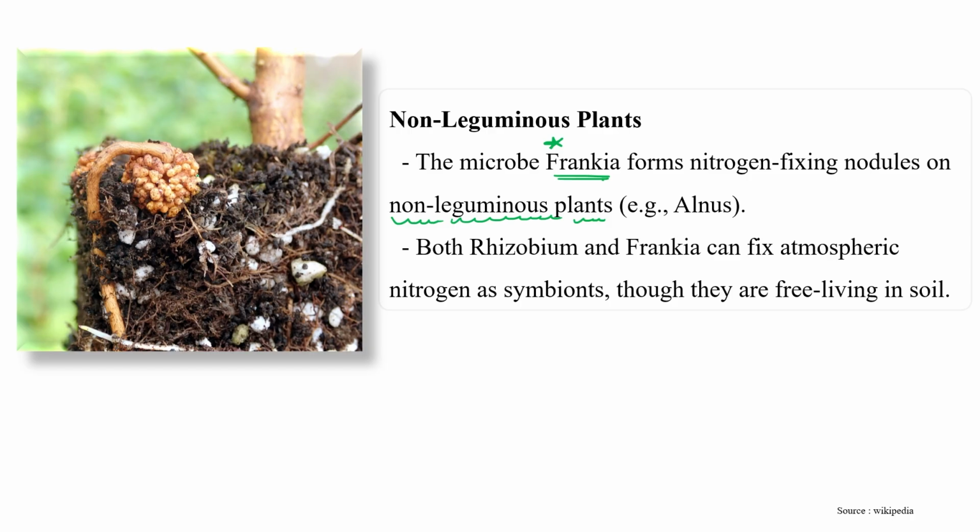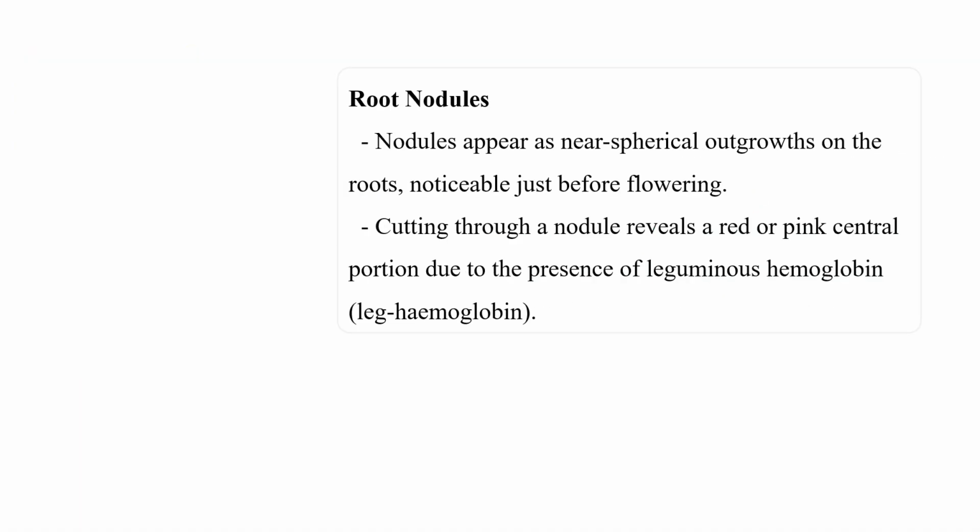These are present in non-leguminous plants, and the example is Alnus. So both Rhizobium and Frankia can fix atmospheric nitrogen as symbionts, though they are free-living in the soil. But Rhizobium is present in the roots of pulses or legume plants, and Frankia is present in non-leguminous plants in a symbiotic relationship.